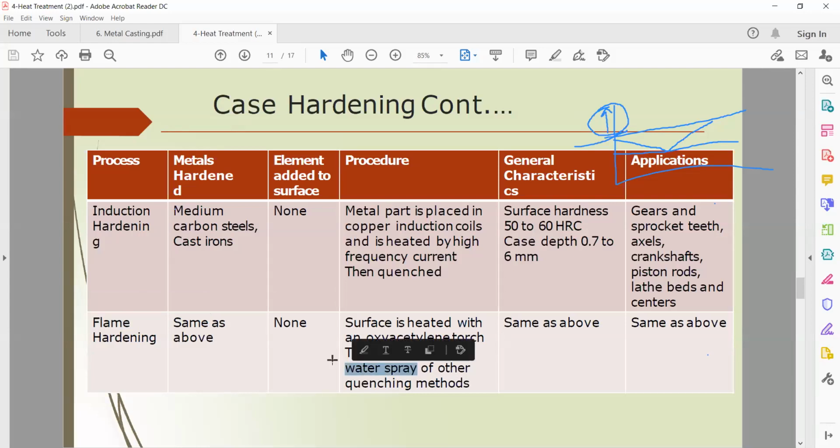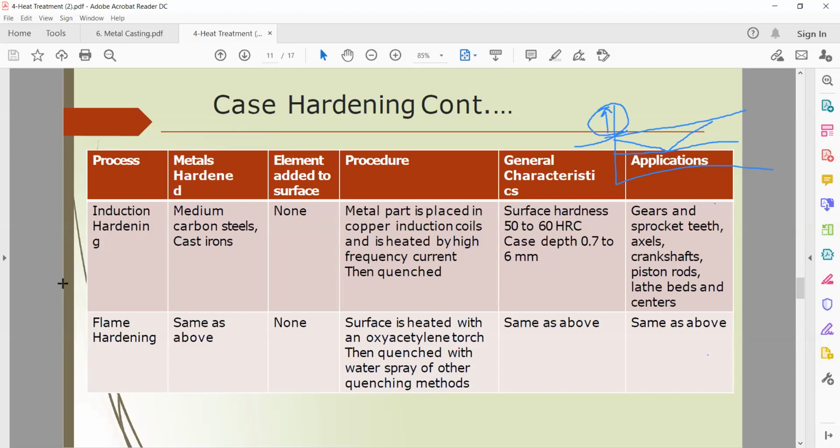For other cases, like induction hardening, precipitation hardening, or carburizing, you can use an oil bath medium, a water bath medium, or a molten salt bath medium. According to the metals you are using for your case hardening, that will change, right?